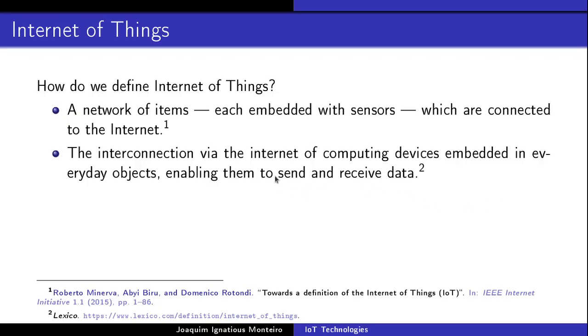Some points which need to be stressed are that they are connected to the internet, they are embedded within some objects, and they can send as well as receive data. Sensors and actuators, both are there. Both are two fundamental aspects of this Internet of Things. You have to sense something, as well as you will have to make some actuations.